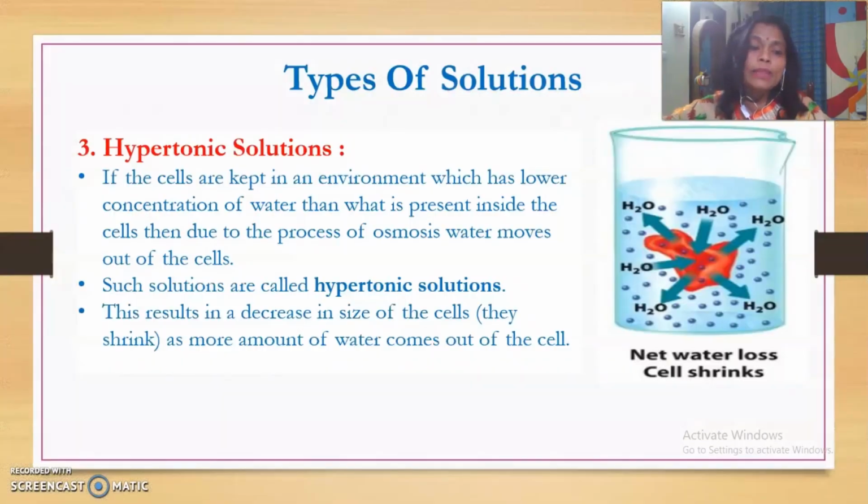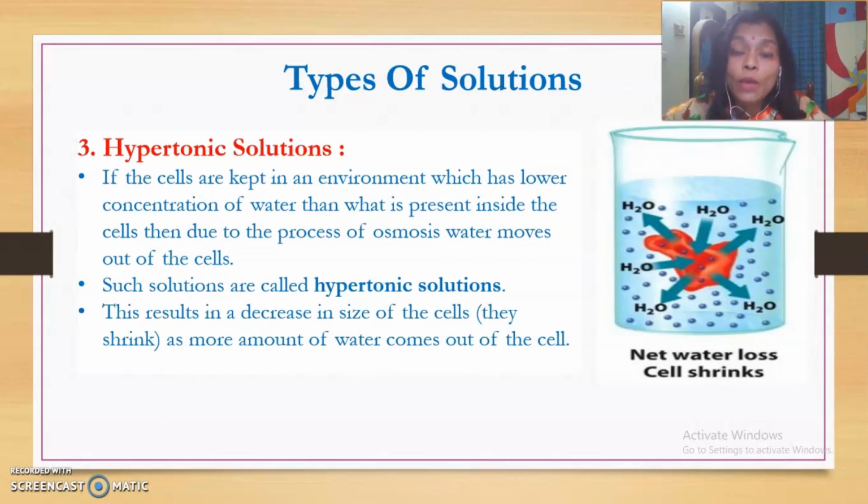Next we take up the third type of solution, hypertonic solution. Hypertonic solution is the solution which is having more concentration than the cell. In other words, the water outside is now less. More concentrated means less water. So outside the water is now less, but inside the cell the water is more.